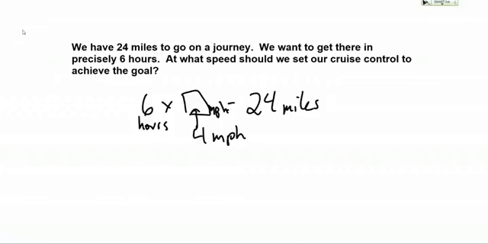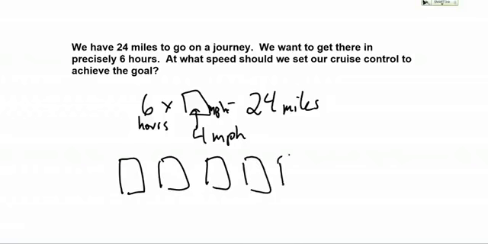Looking at it another way, let's split up our 6 hours like containers. And we want to know how many miles we need to put in each one of these hours. So this is 1 hour, and we have 24 miles, and we could split this up like pieces of candy. We could take 1 mile and put it in each one of these.